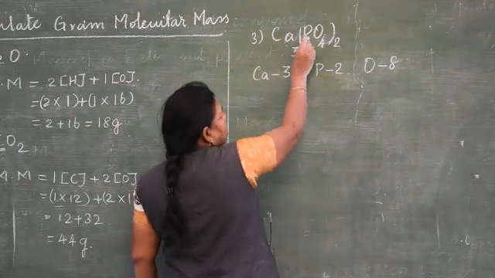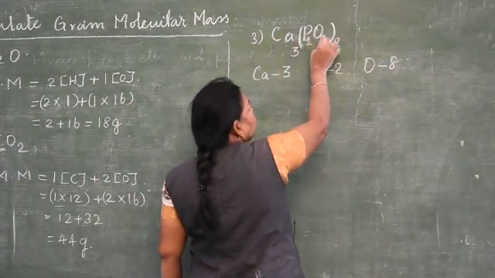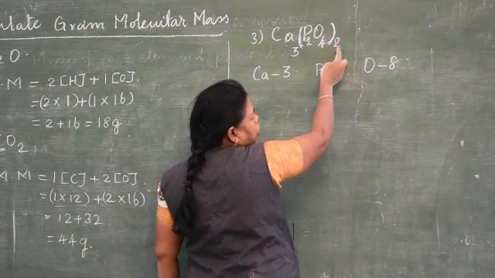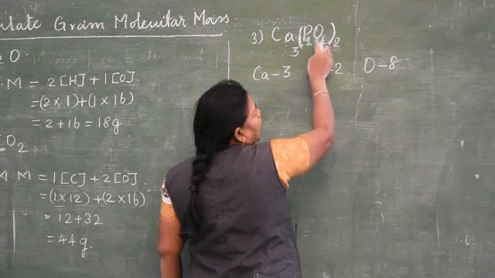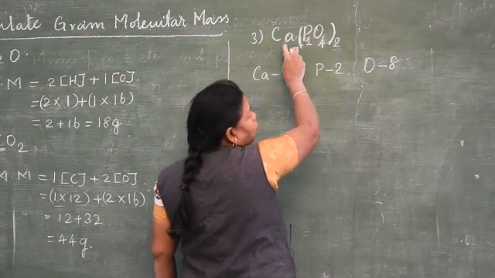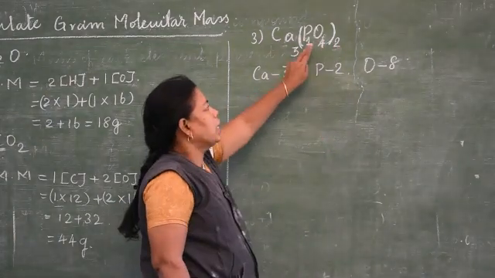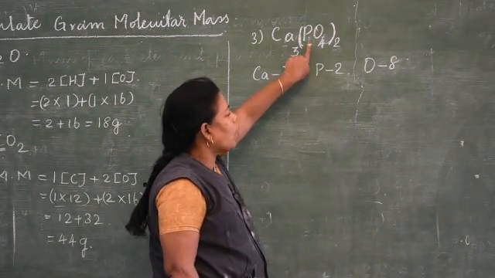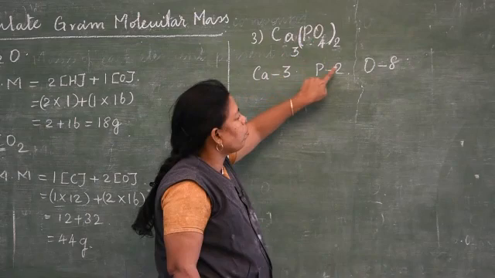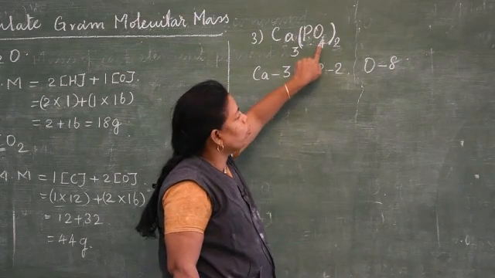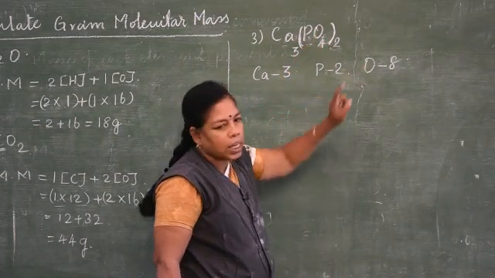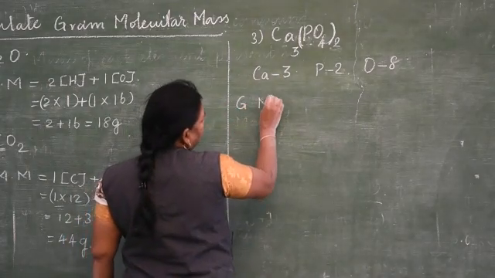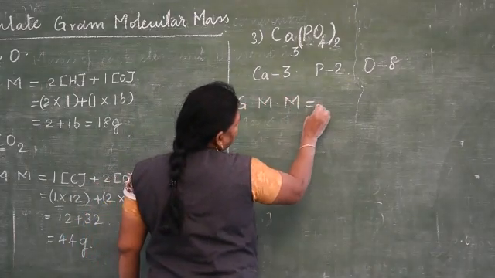Calcium 3, inside the bracket 2 elements are mentioned, and outside the bracket the number 2 is mentioned. That number 2 is common for phosphorus and oxygen, not for calcium, and it does not carry any number. So it is understood that there is 1 into 2, therefore phosphorus 2, and 4 into 2, 8, therefore oxygen 8. Now how to calculate the gram molecular mass of calcium phosphate?